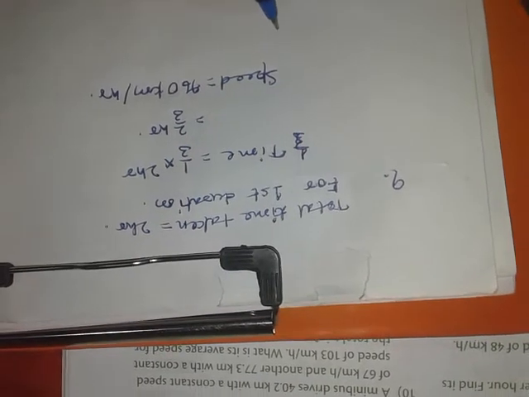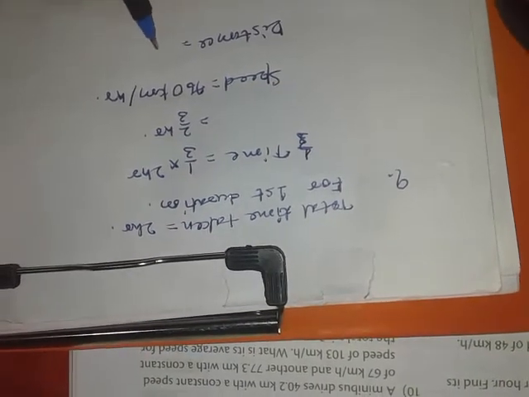For first duration, time equals one third of 2 hours. That is 2 by 3 hour. You don't cut anything here. And speed is given to us, that is 760 kilometer per hour. Okay, isn't it?